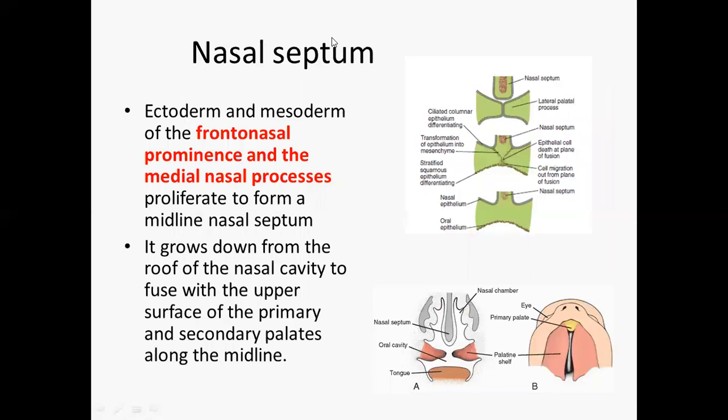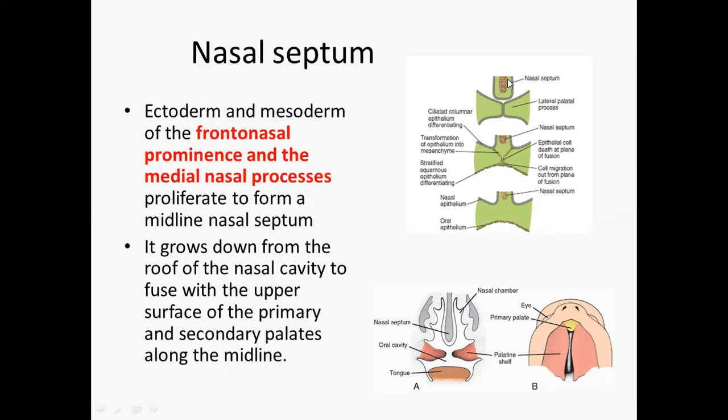Then the formation of the nasal septum. So I've already told you the ectoderm and the mesoderm of the frontonasal process and the median nasal prominence will proliferate in the midline. It will contribute to the formation of the nasal septum. So both the frontonasal prominence and the medial nasal prominence are contributing to the nasal septum.